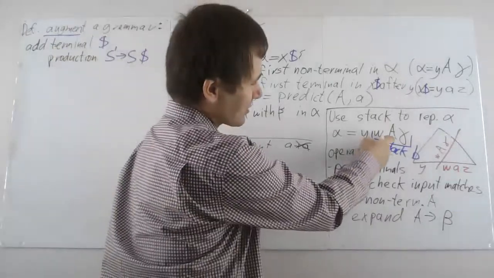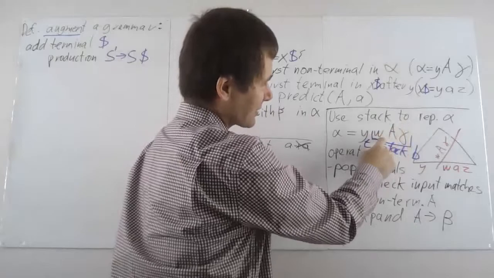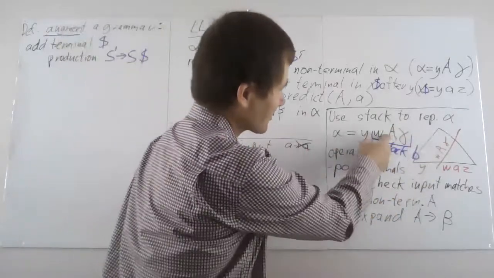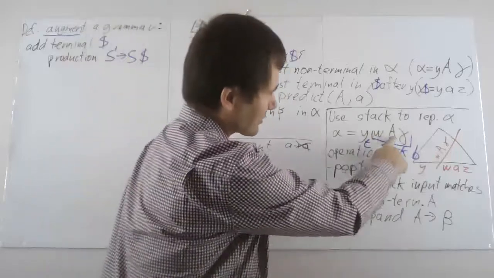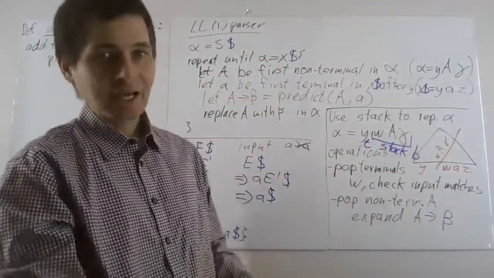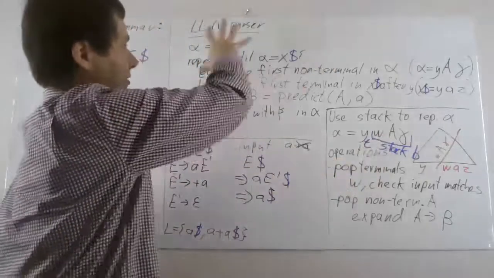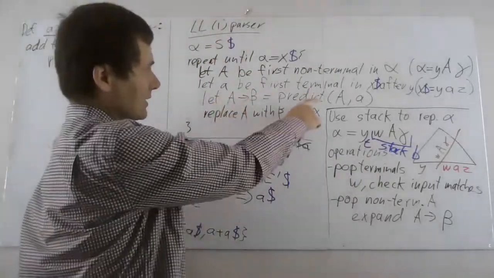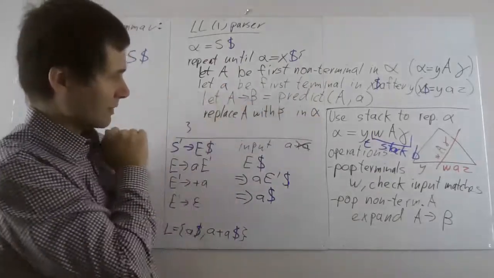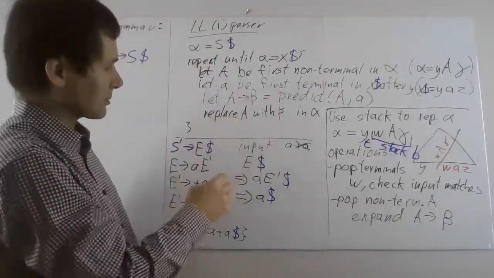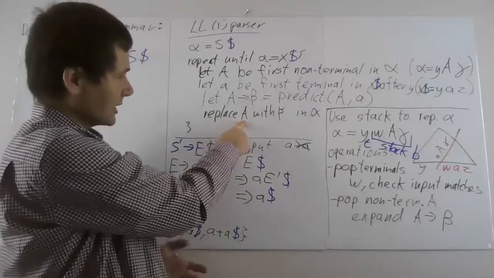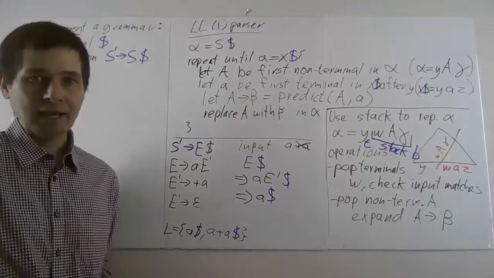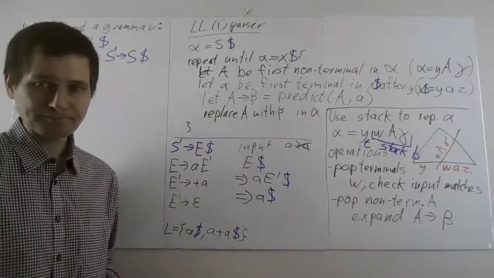And then once there is no W, W being a string of 0 or more symbols, once it's 0 symbols, then there's an A at the top of the stack. And then you pop off the A and you do the body of this loop, where you use the A in the predict function to give you a production rule, and you apply the production rule. And the production rule says replace A with beta. So that means I'm going to pop A and push beta in its place.